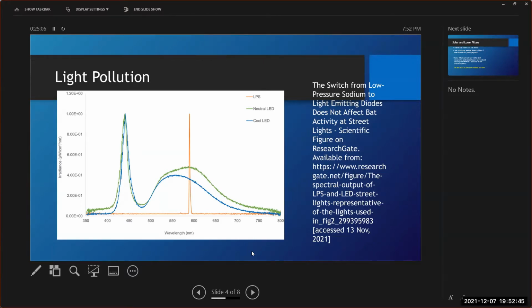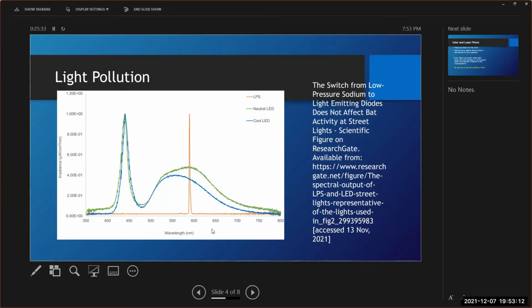I do think things are worse, but I don't know that stretch of lights is to blame. I suspect that the parking lot lights at Target are more to blame. But this spectral graph gives you a pretty good idea of the width of the bandpass with the LED versus the low pressure.